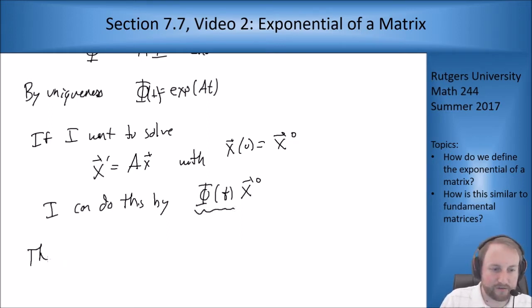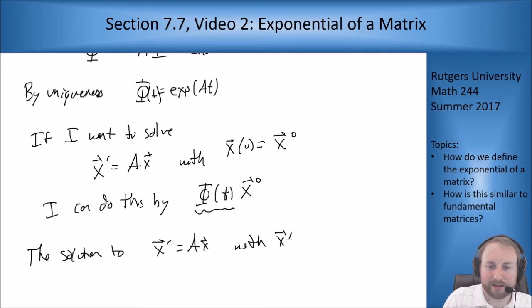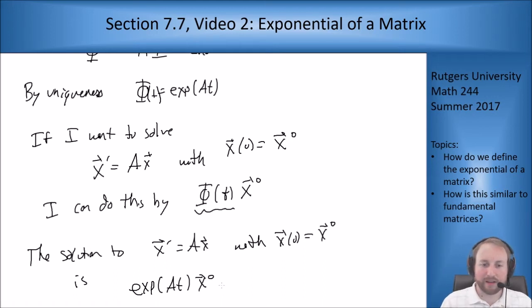So the solution to x prime equals Ax with x of 0 equals x0 is the exponential of At times x0. And this exactly parallels our result from first order linear equations, x0 times e to the At. So we can write this as a way to solve our problems.